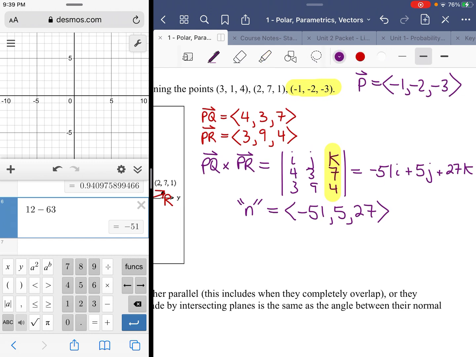So let me just jot down what my vector q is. I'm using capital Q. Well, just for the sake of sanity here, I should use something else.